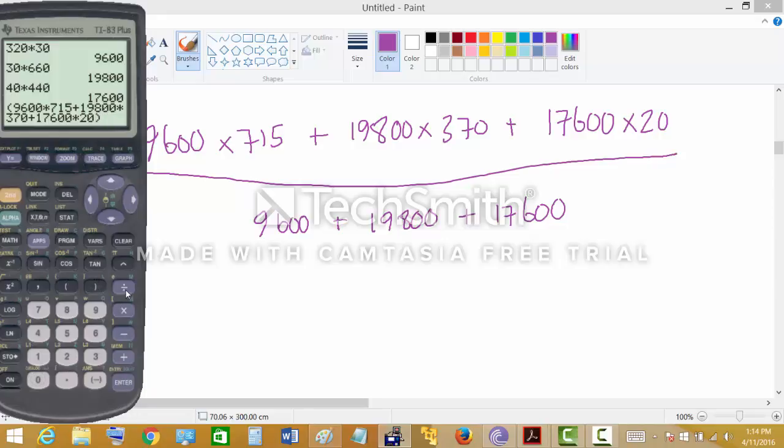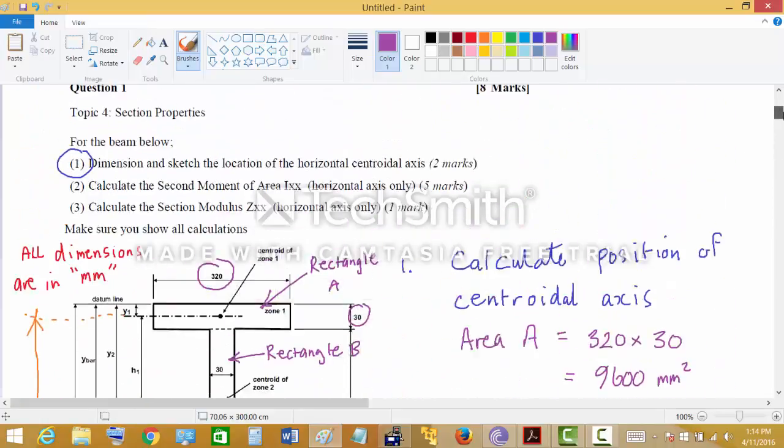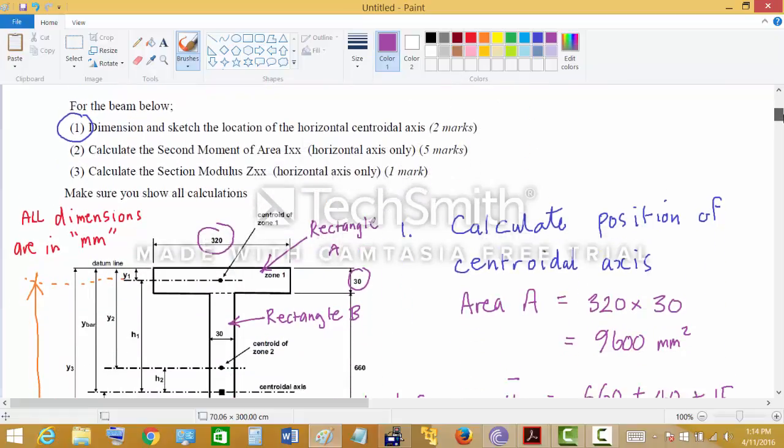Hopefully you're following what I'm doing. The main purpose of this video is that you learn how to do this, how to calculate the centroid and the second moment of area, sorry.